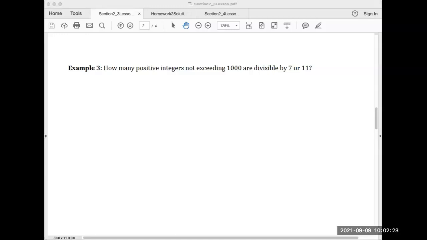Just list them all and count how many? All right, so you could divide, right? You could do 1,000 divided by 7. What do I get there?